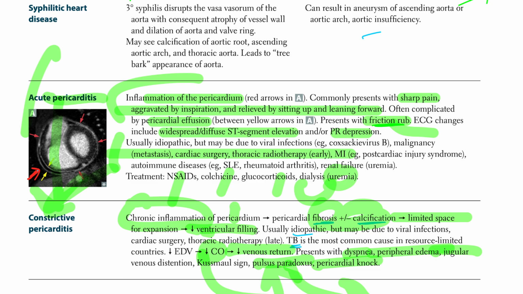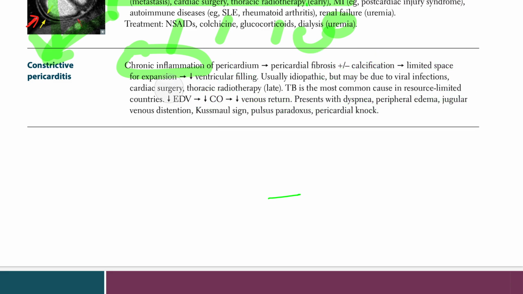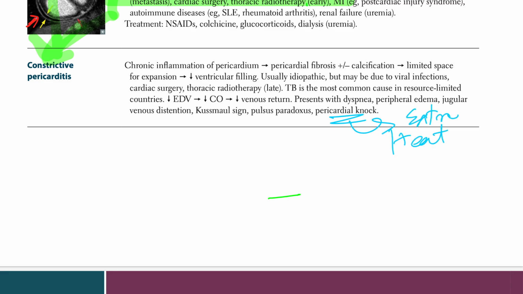And what is pericardial knock? Well, pericardial knock is simple. That is, you have an extra hard sound. Let's change color. Why am I going with green all the time? Okay, pericardial knock. What is this? It's basically an extra hard sound, extra hard sound in diastole.